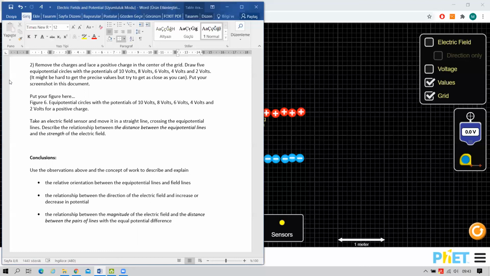Describe the relationship between the distance between the equipotential lines and the strength of the electric field. Well, this time you will see that the values on the lines are getting smaller and the lines are getting farther away from each other as you move away from the charge. And you will see that the electric field is always pointing toward lower potential.